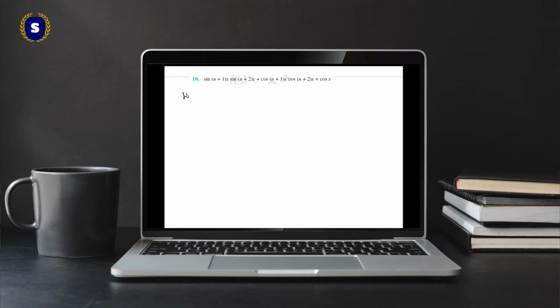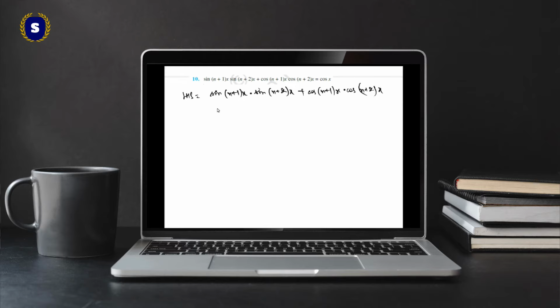LHS is equal to sin(n plus 1)x sin(n plus 2)x plus cos(n plus 1)x cos(n plus 2)x.